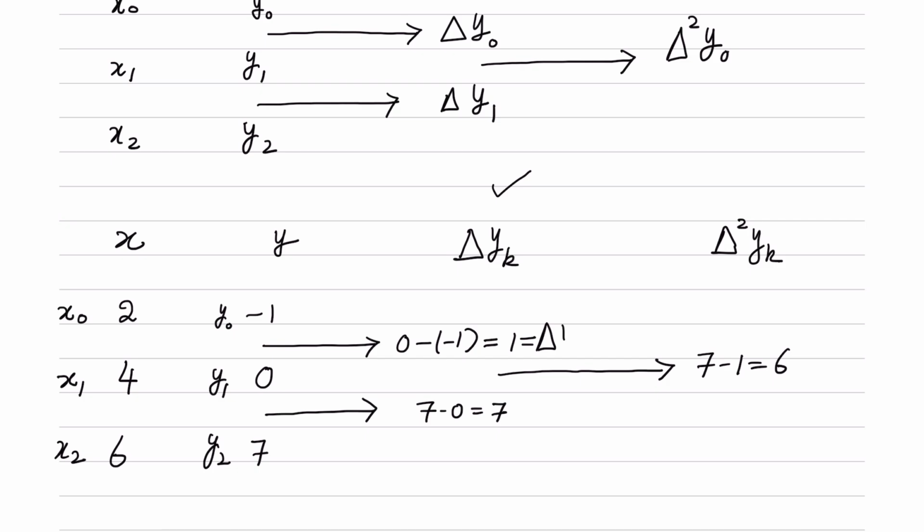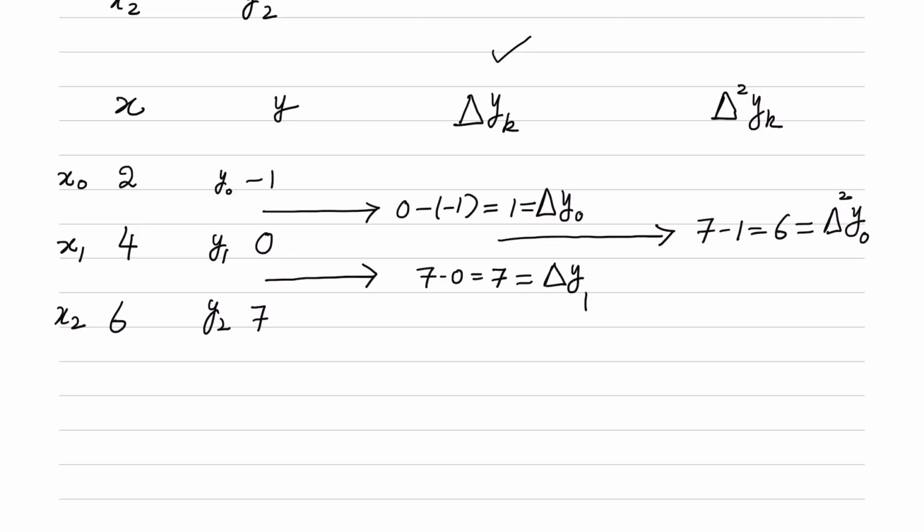Forward y0 is the notation of this difference. Next value is forward y1. Now in the fourth column, the first value is 6. It's actually the only value. So the notation for this 6 is forward square, because it's the forward square yk column, forward square y0. So this is how we can construct the forward difference table in a few minutes.